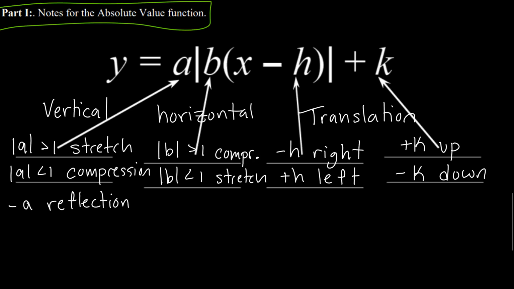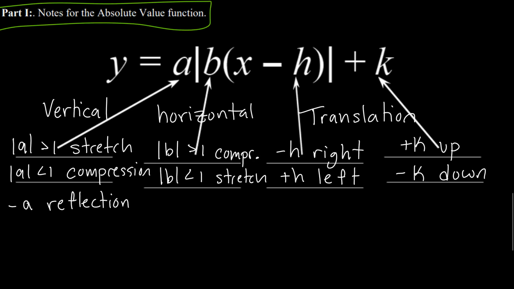When A is less than 1, it's a what? Compression. Less than 1 is a compression. When K is a positive 6, what happens? Goes up 6. Perfect. When H is negative 3, where does it go? Moves to the right, 3 to the right. When A is minus 2, what does that mean?